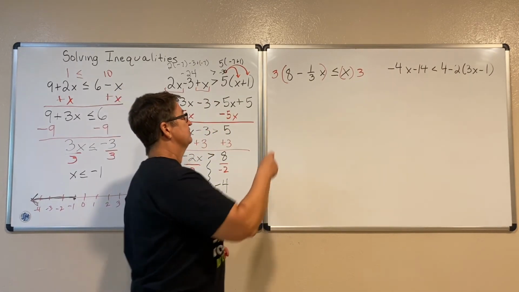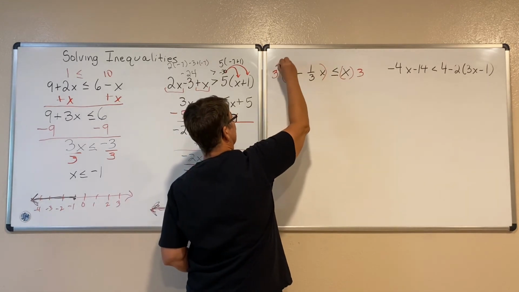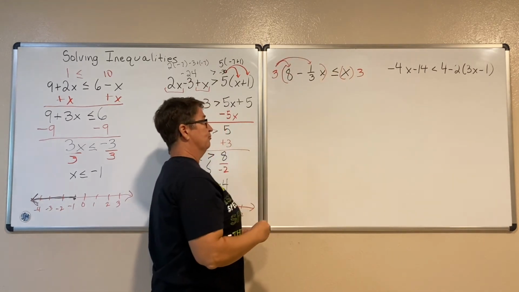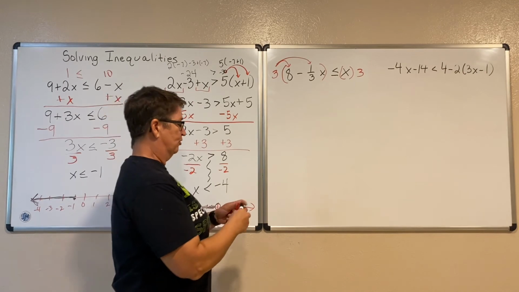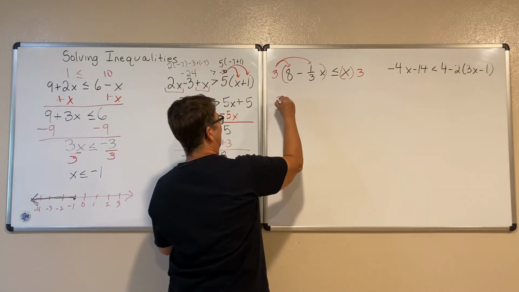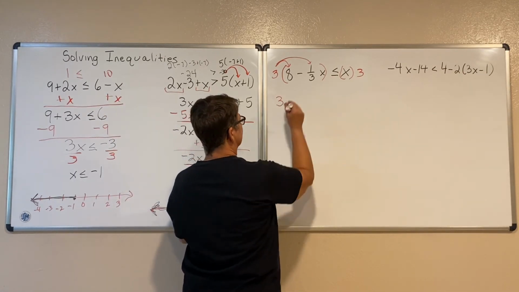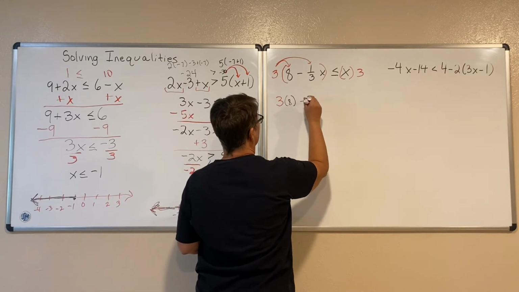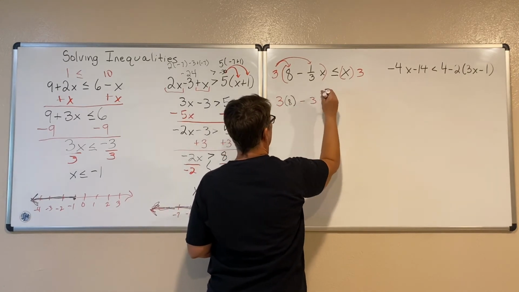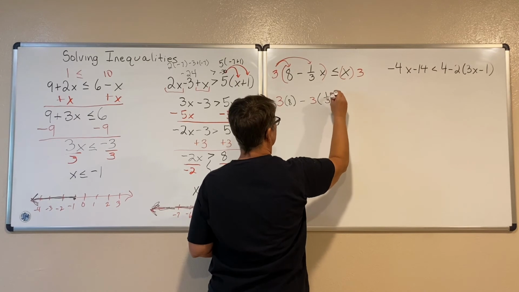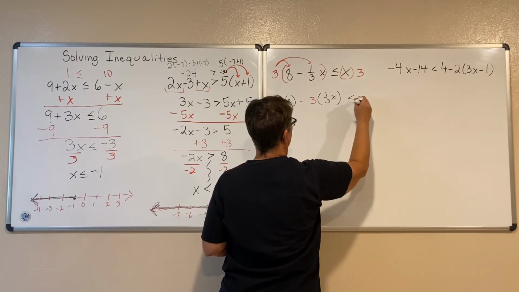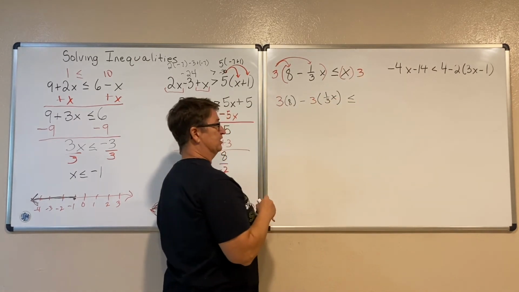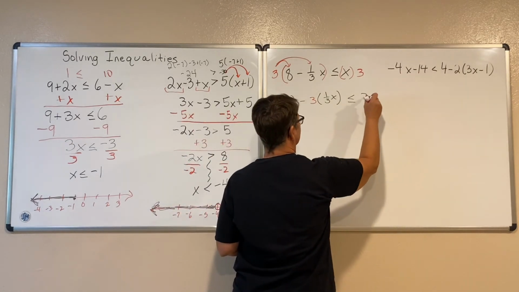On the left, I need to distribute that to both terms. So I'm doing 3 times 8, and then I'm doing 3 times this 1/3 x. On the right, I just end up with 3x.